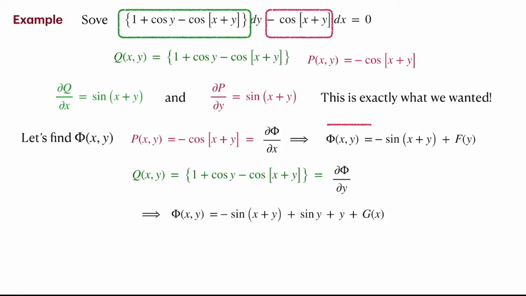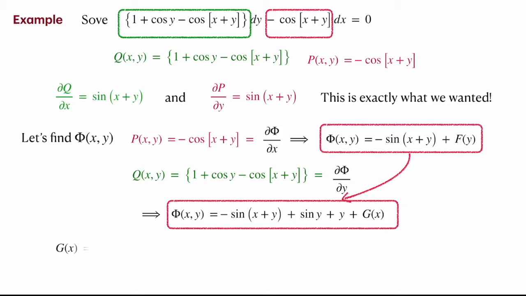Now we can compare these two solutions and then constrain g of x and f of y, and we find that g of x should be 0 and f of y must be equal to sin y plus y. Once we have this, we have phi of x, y is equal to minus sin(x plus y) plus sin y plus y, and the solution is represented by phi of x, y is equal to constant, or minus sin(x plus y) plus sin y plus y is equal to constant.